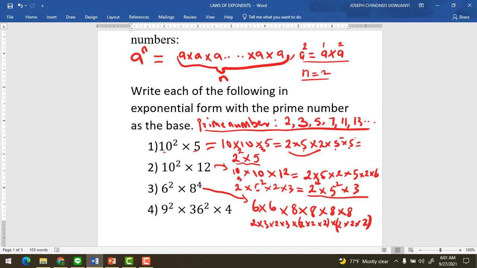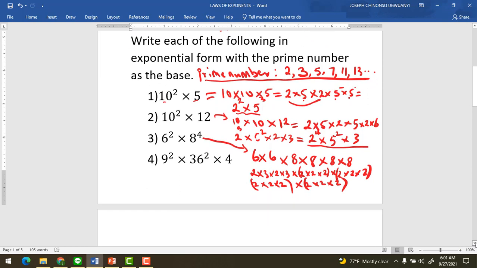The other 8, 2 times 2 times 2. Then finally 2 times 2 times 2. So we've got a lot of numbers on our hands. So what do we do? We count.